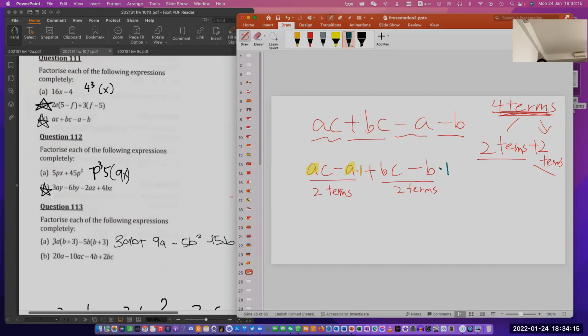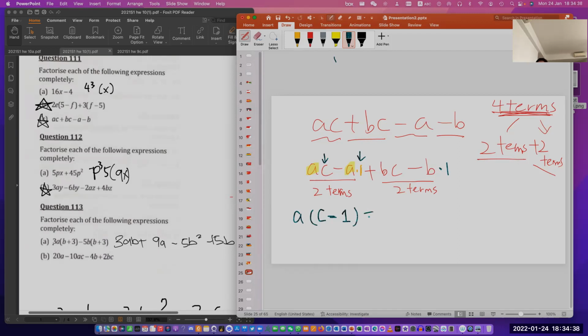Okay, so I'm going to simplify things. For the first 2 terms, I see a common factor A, and they are separated by a minus sign, so I put a minus. For this one, I'm left with C. For this one, I'm left with 1. Done. Factorization for the first 2 terms, done.